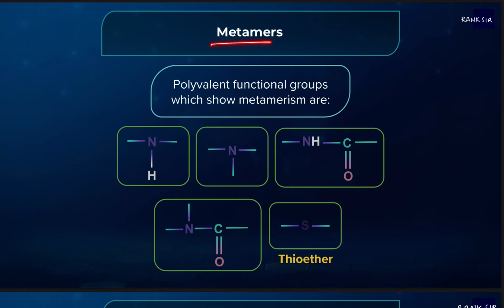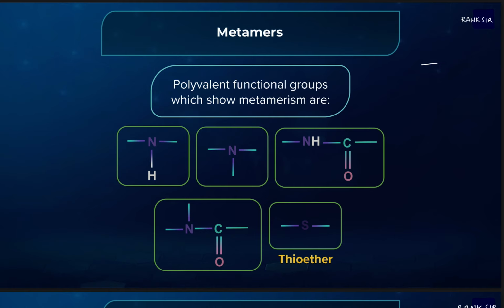Now, polyvalent functional groups which show metamerism are: secondary amine, tertiary amine, amides, and this is also an amide, but it depends on the alkyl group. This tertiary amide and thioesters. These will show the metamers. I will give some functional groups.